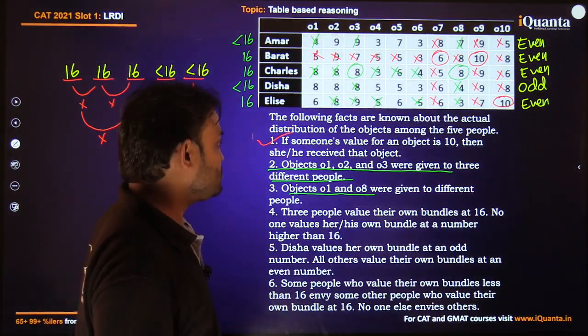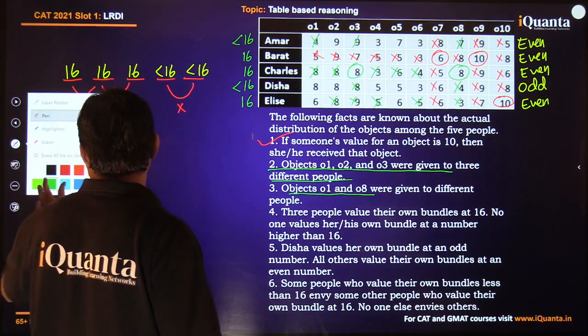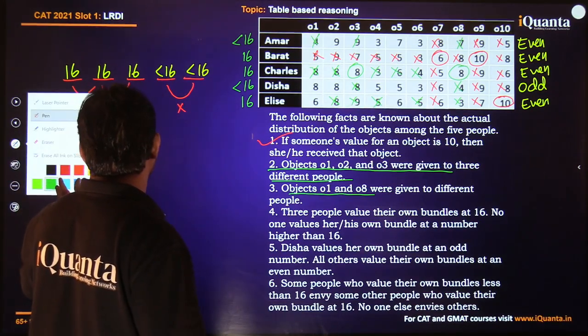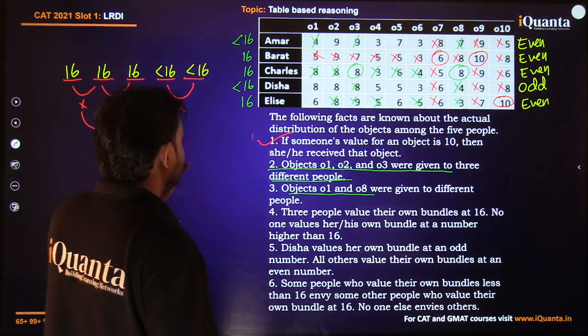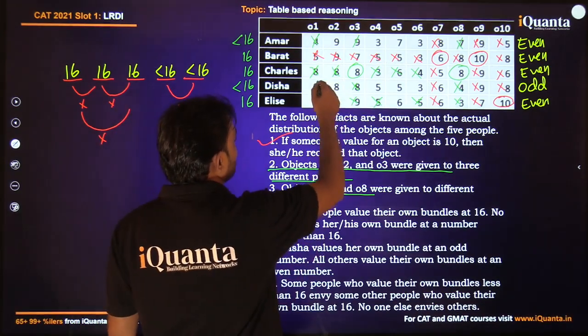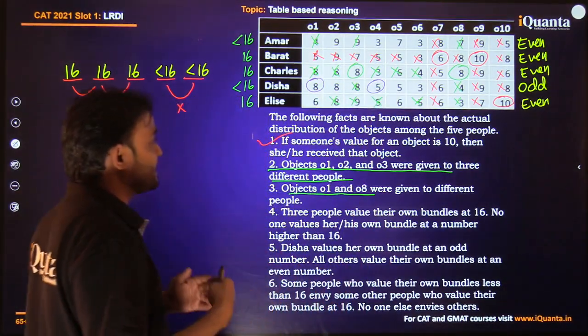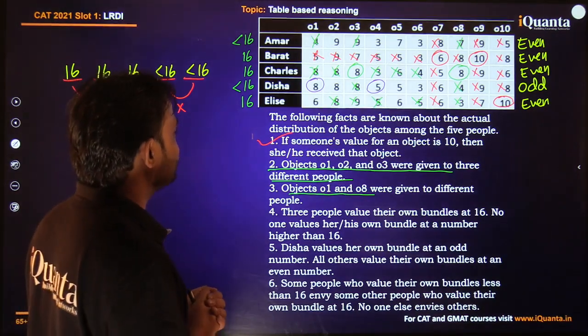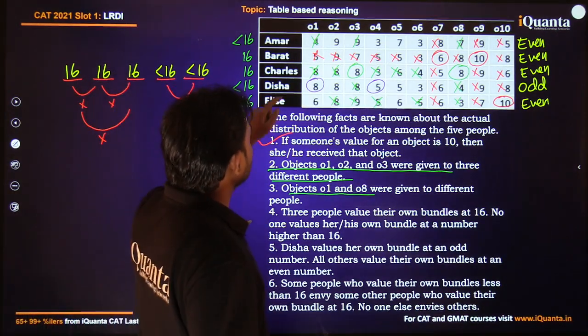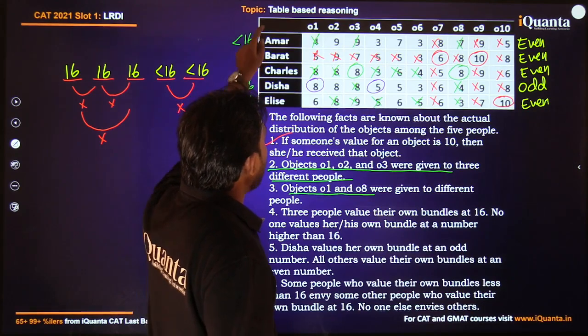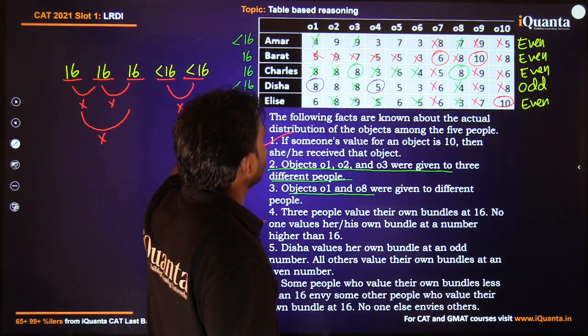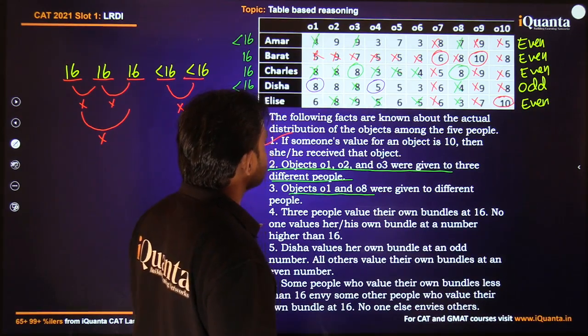Okay, so let's check this possibility. Let's start with object 1 and object 4. Let's see if there is anything wrong with that. For Amar, we don't know anything yet.